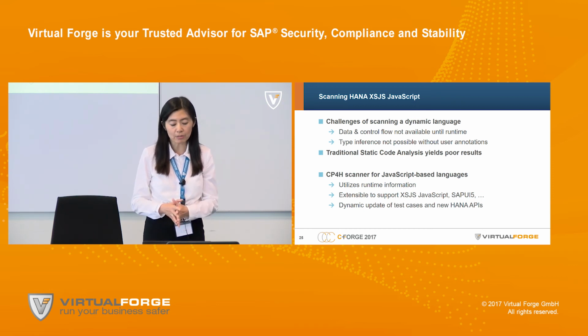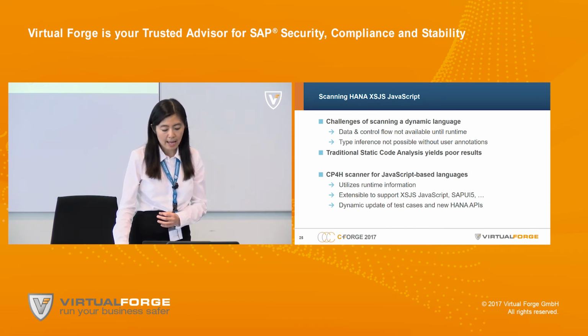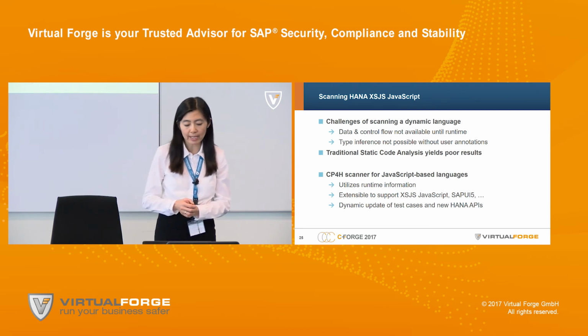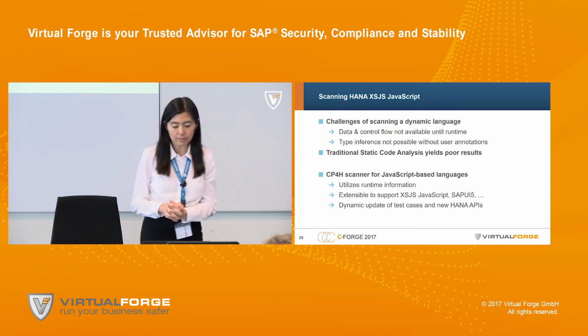And it will also be the basis to scan XSA. And currently, we are able to provide a feature to dynamically update test cases. So you know from anti-malware software, you can dynamically download the malware signatures. We also support this feature.